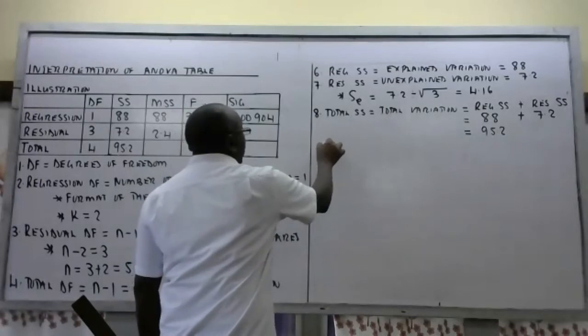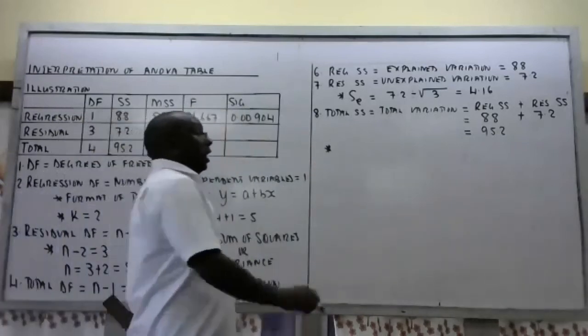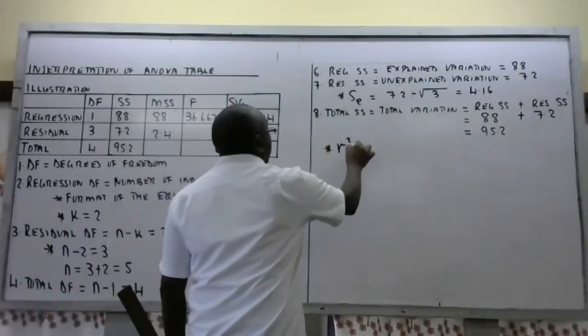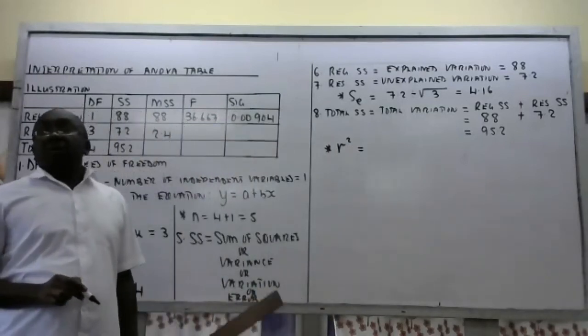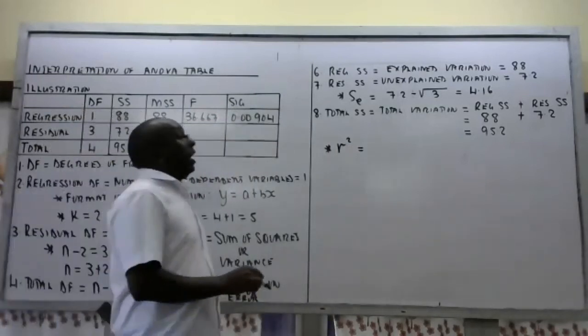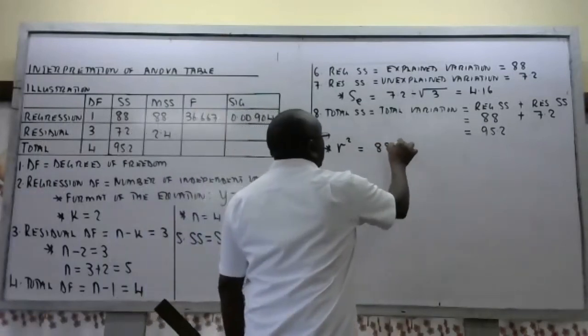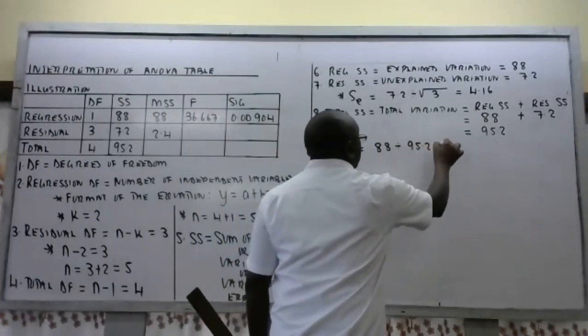When you know this one, it will help you get R squared. Remember, R squared was the explained variation, that is 88. You divide by 95.2.